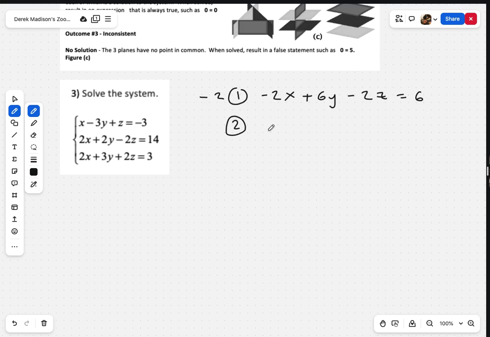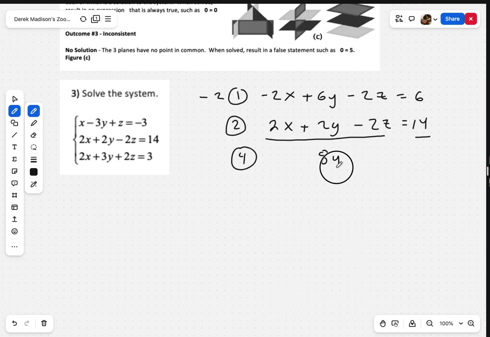And then I'm going to copy this one down. And then we'll add those together and we'll eliminate x. And I'm going to call this one equation 4, just to give it a name so I can refer to it later. So those drop out, and over here I have 8y minus 4z equals 20.